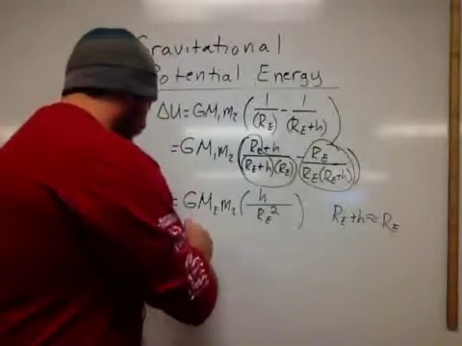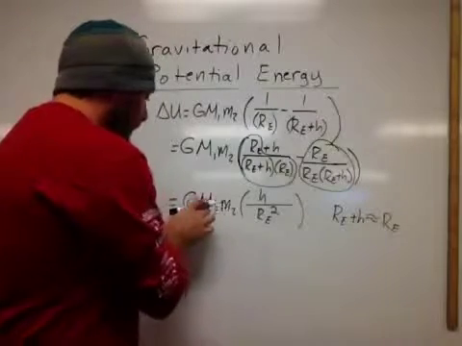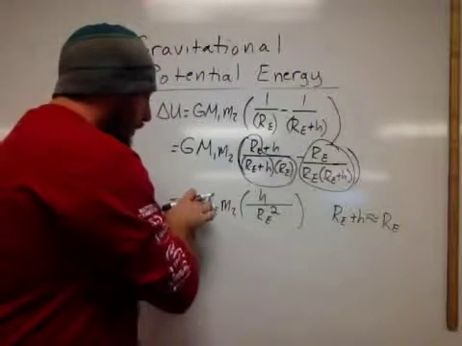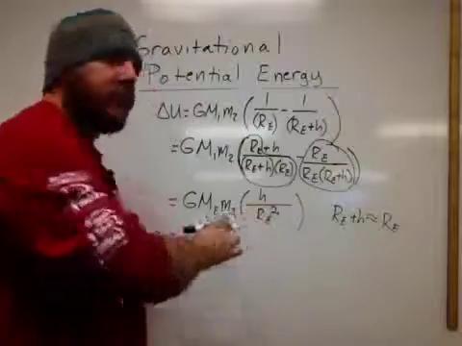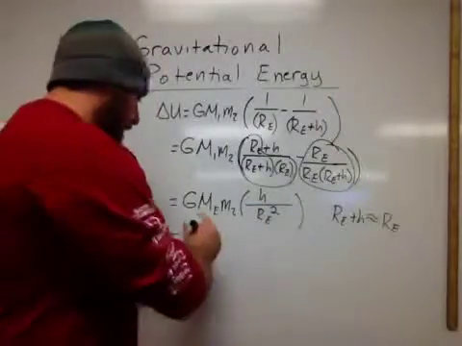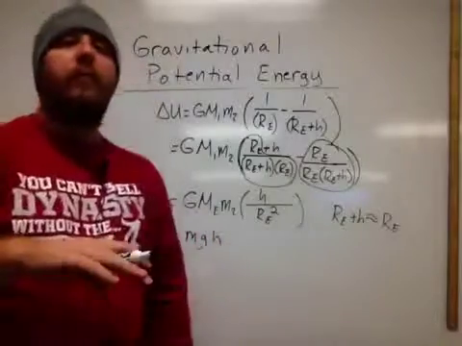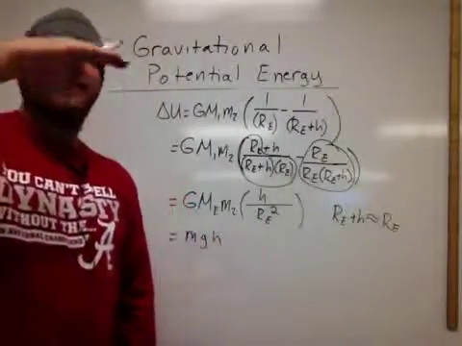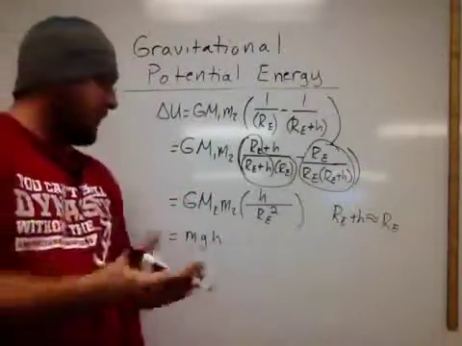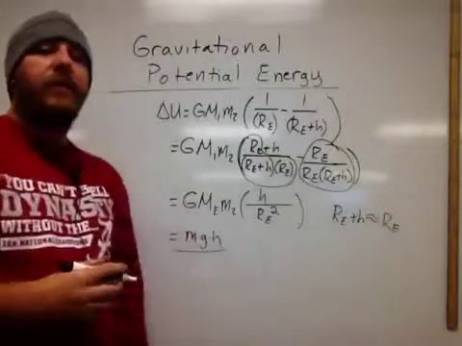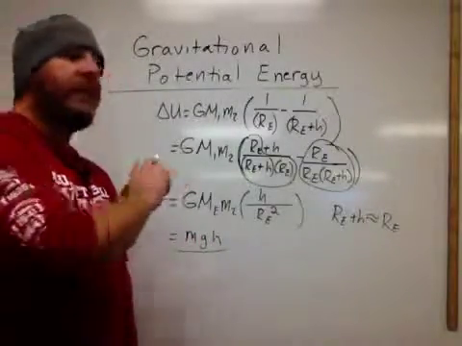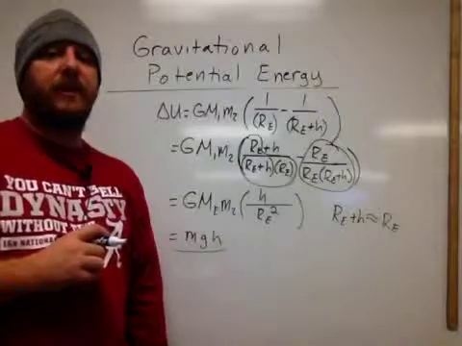So this is simply m times capital G times the mass of the Earth divided by the radius of the Earth squared, which is little g, times h. So for lifting things short distances above the Earth's surface, we can recover the formula mgh from the definition of gravitational potential energy.